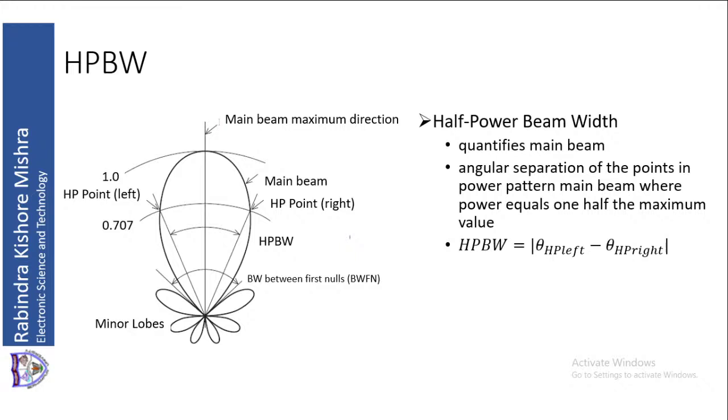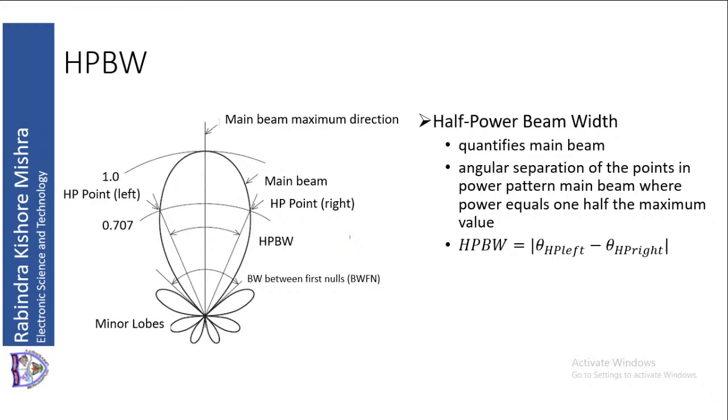This is the first null. Then after the side lobe there will be another null and another minor lobe. All these minor lobes, except the first two lobes which are adjacent to the main lobe, are called minor lobes. Only the first two lobes adjacent to the main lobe are called side lobes.